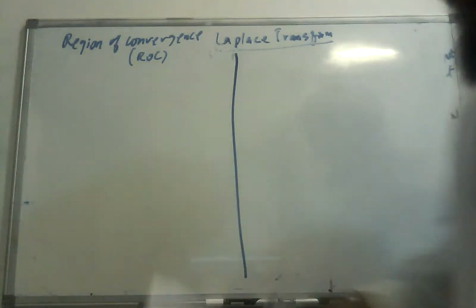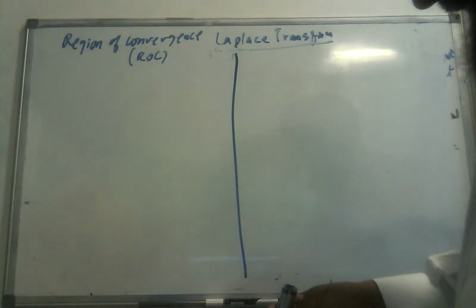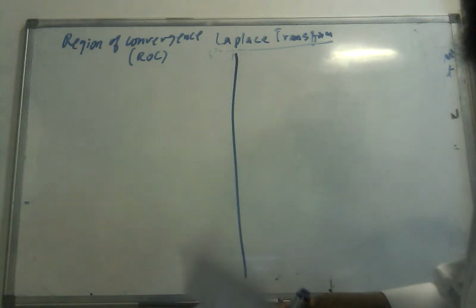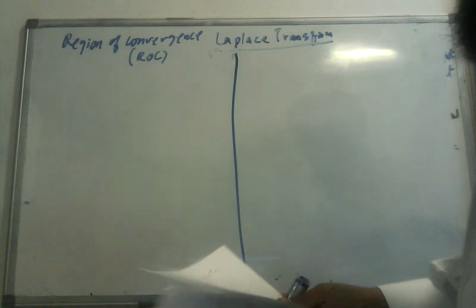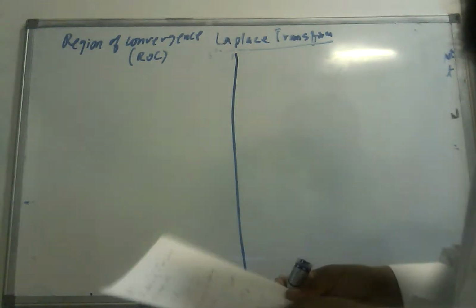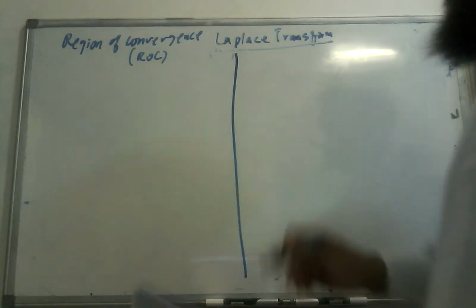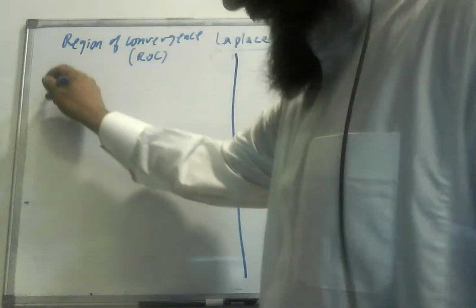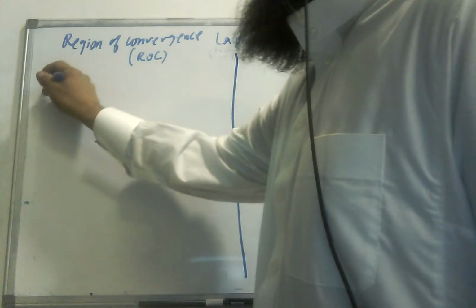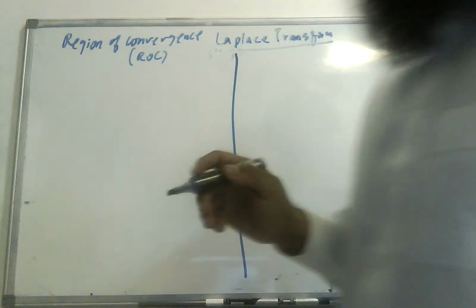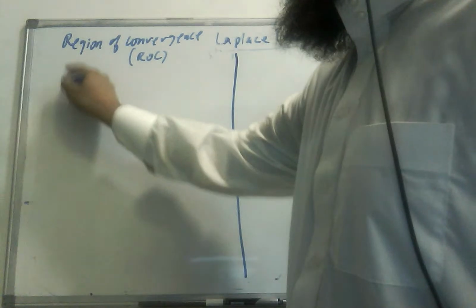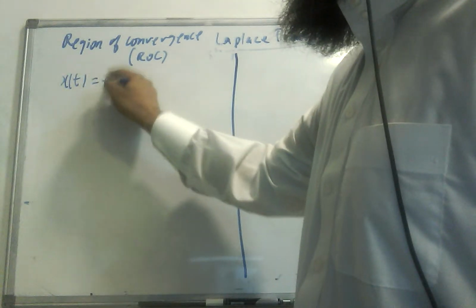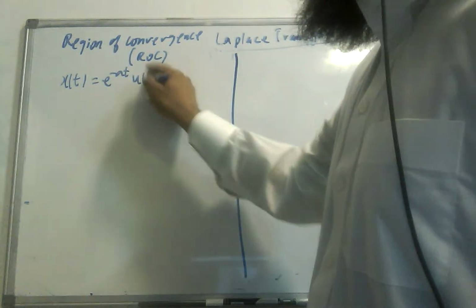Okay. Now the region of convergence of the Laplace transform is the region in which the Laplace does not go to infinity. And to find the region of convergence, we have to go back to the integral. So let us do an example in which I need to find the region of convergence of the same function. I have x of t equal to e raised to minus at u of t.